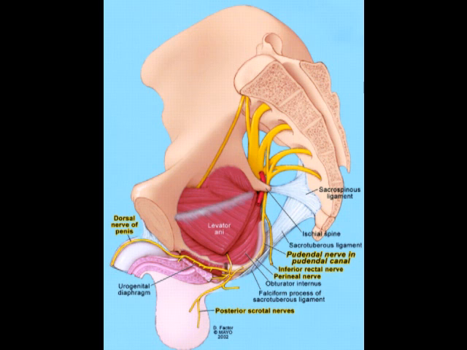And another branch is the dorsal branch, which, as far as the bones go, runs right along your pubic ramus bone area.